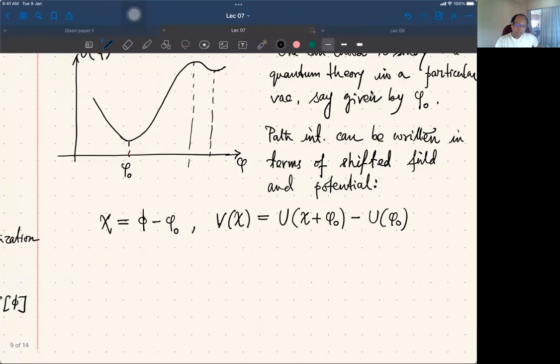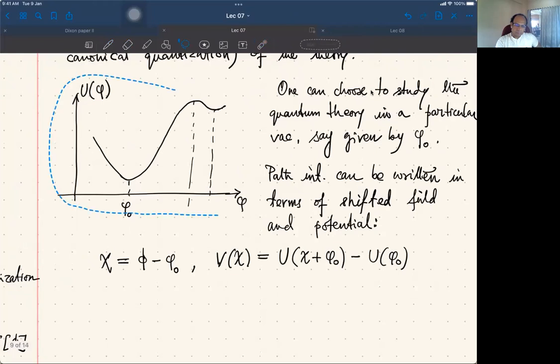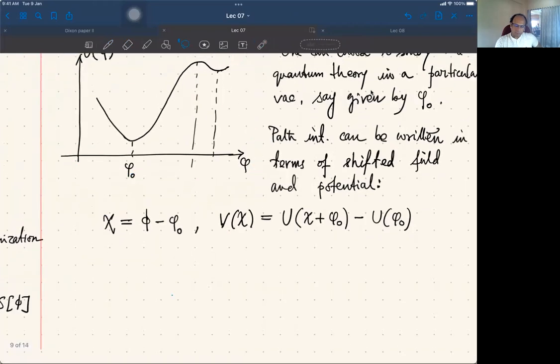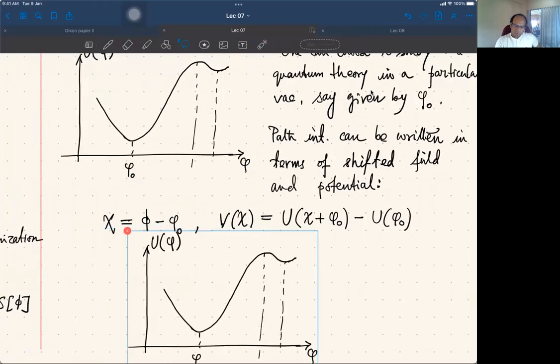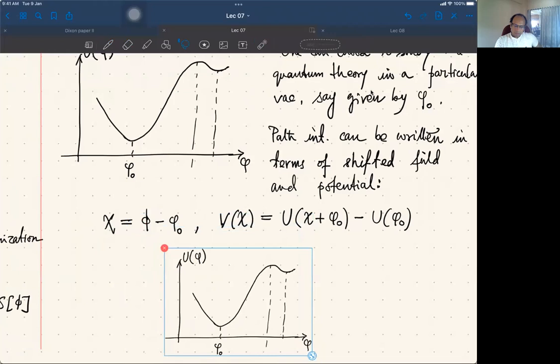So V versus chi will look in the following way. This is your V of chi, and chi is 0 at this value.